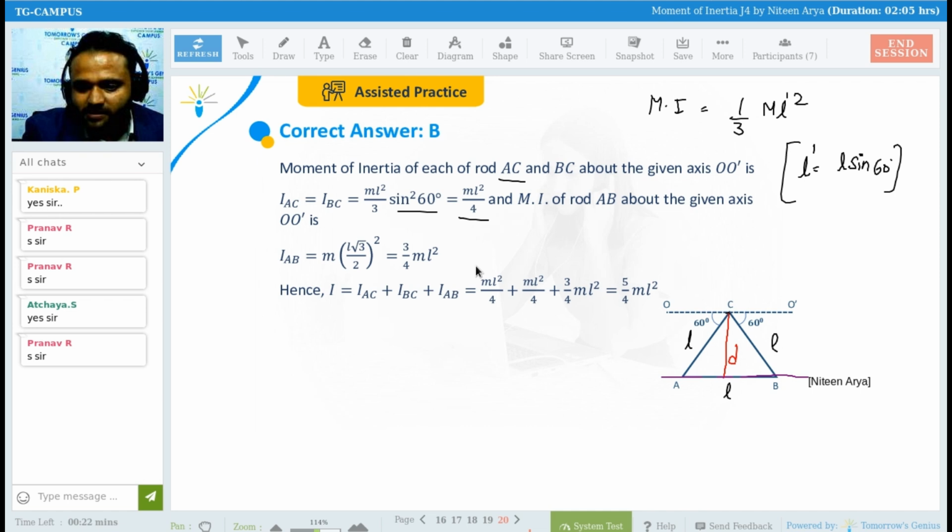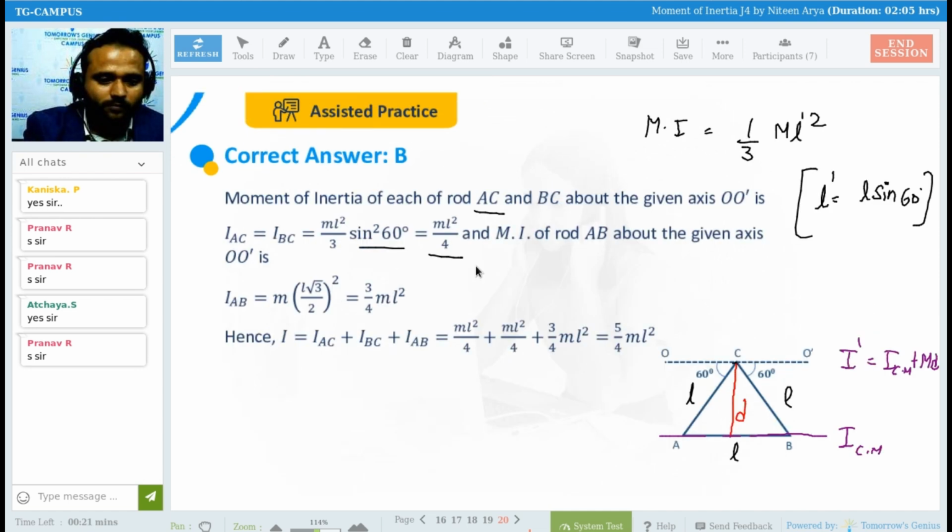I know the center of mass, but I want to find I prime, which is ICM plus MD square, where D is this perpendicular, root 3 L by 2. So IAB is M times root 3 L by 2.